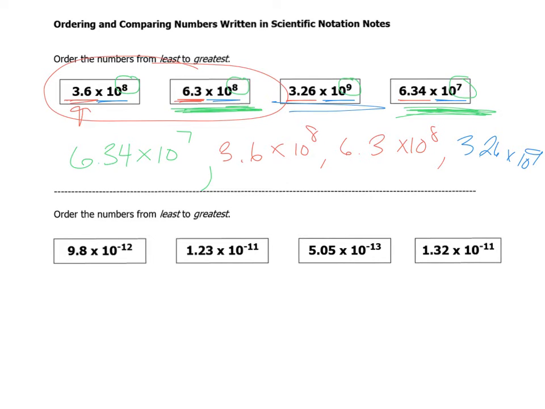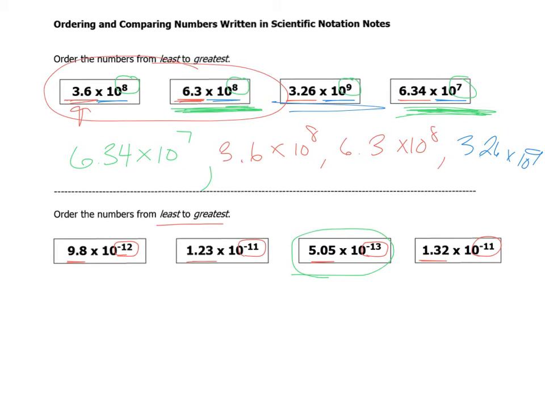These are the numbers that are all greater than one, whereas the ones underneath here, notice they all have exponents that are negative, which makes them not negative numbers, but really small numbers. In this case, each one of my decimals is in fact in proper scientific notation, but if I want to put them from smallest to largest, I'm going to look for the smallest number, which for negative purposes would be my negative 13.